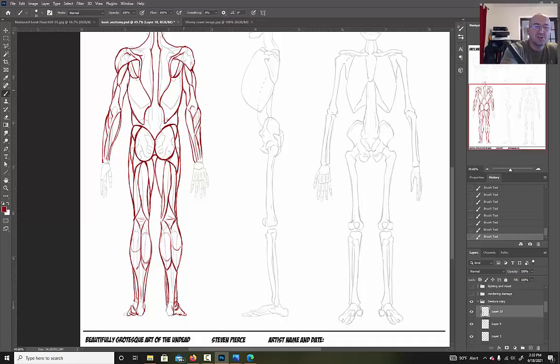You're not really going to see much of the bicep from behind. So we're just going to move on. There are quite a few muscles moving across the palm.